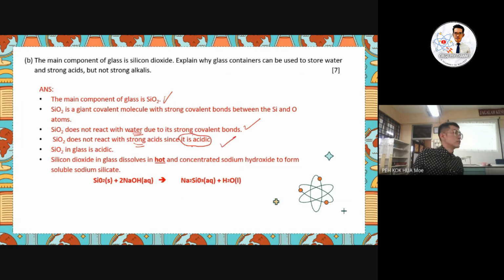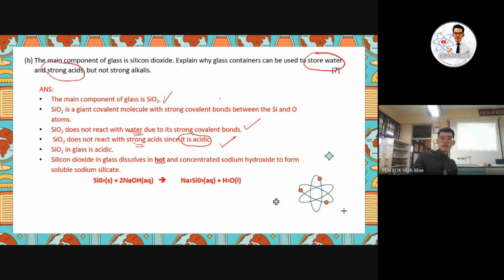Yesterday we did not give this answer because it was only 4 marks, but here the scheme gives this statement: silicon dioxide is an acid, so it does not react with acid, because the statement is in the question already. Why does it not react with water? Because silicon dioxide has strong covalent bonds. And why does it not react with acid? Because it is an acid.